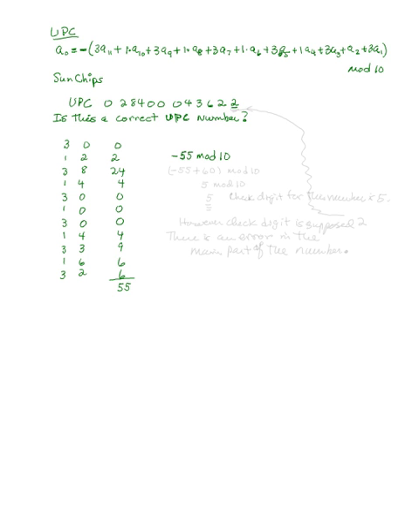So if I add 10 to this, it wouldn't change it. If I added 20, if I added 30, if I added 40, none of those multiples of 10 would change the mod value. Think of some positive numbers, like 13 mod 10 is 3, and if you add 10 you get 23, and that's still 3, and 10 more makes 33, still 3. So that's the idea behind this.